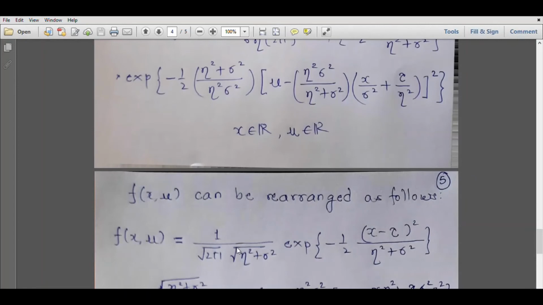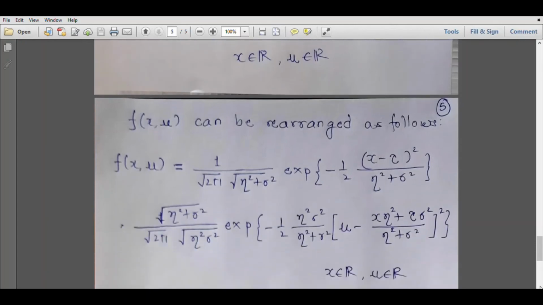I am multiplying it by root of eta square plus sigma square, and then I am keeping the first exponential term as it is. If you look at this carefully, it looks like a PDF of a normal distribution with mean tau and variance eta square plus sigma square. Now let us see what remains for the second part of the joint density of x and mu. In the second part, this exponential term is kept as it is.